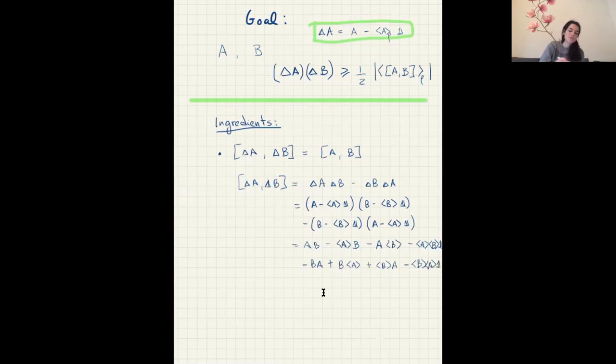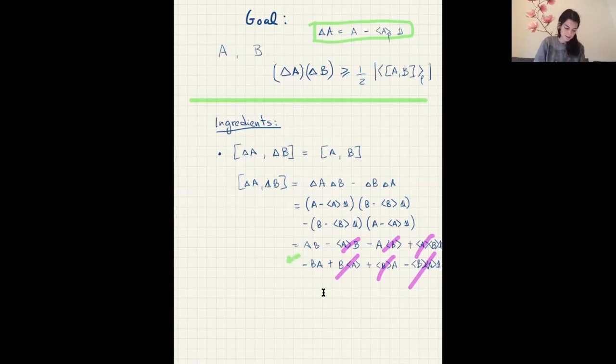Most of these terms cancel out because this term is the same as this one, since what's in between brackets is a number, so obviously it commutes. This is the same as that. Oh, and this should have been a plus here, and a plus there. There you go. Then we get AB minus BA, which is the result that we wanted. Good.